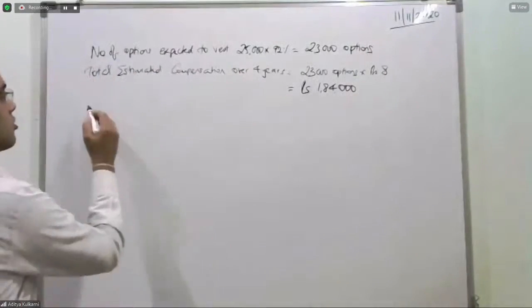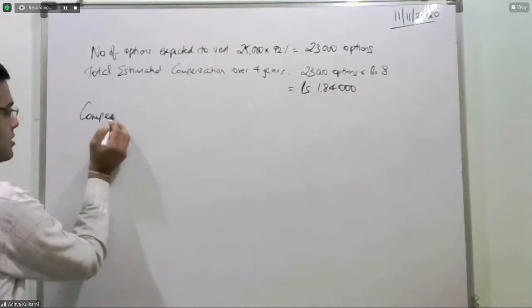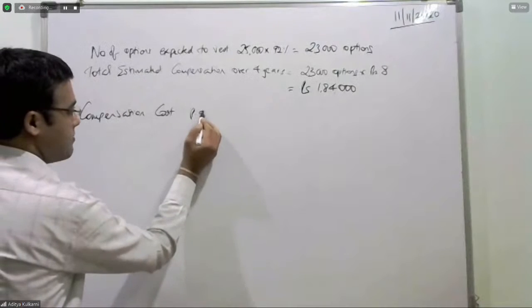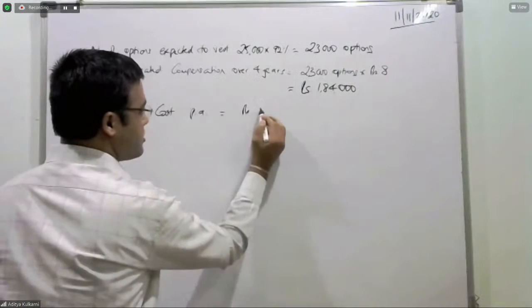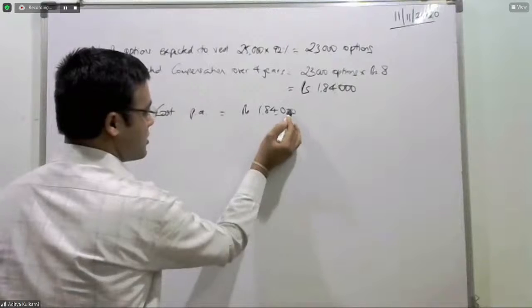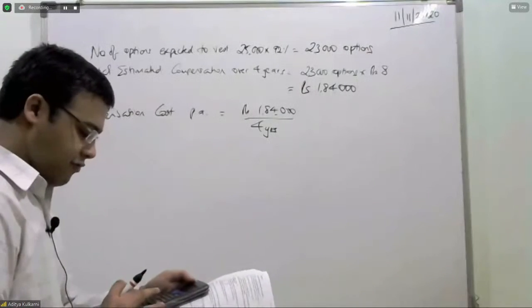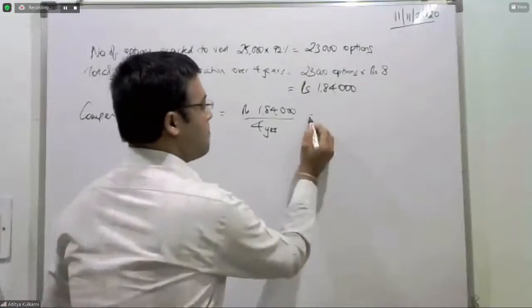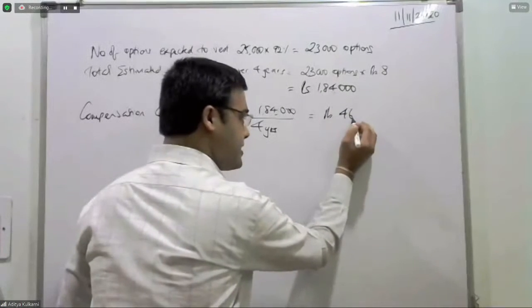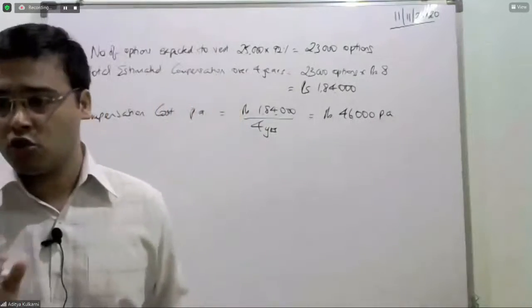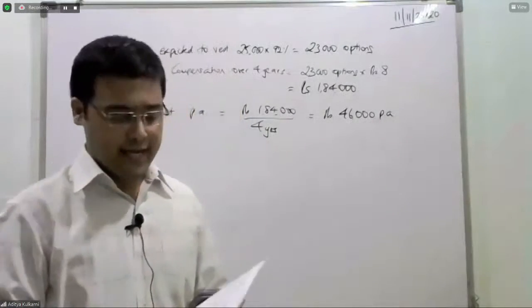So now compensation cost per annum is how much? Rupees 1,84,000 divided by 4 years. Per year, you should be charging 46,000. Should be. I'm using the word should be. Of course, it depends on your estimate.